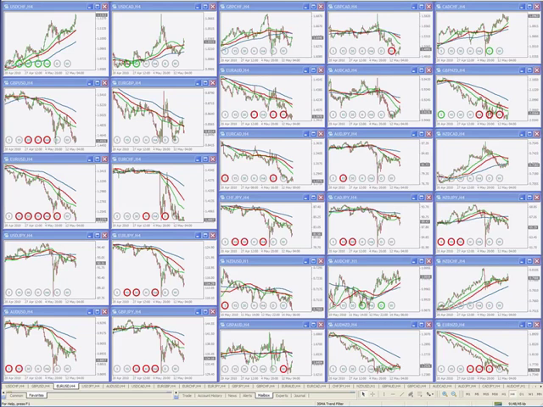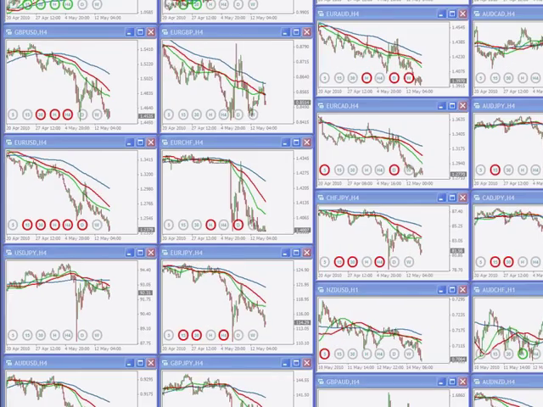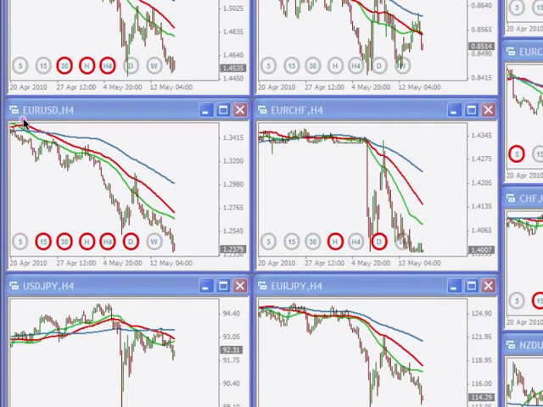Now, there are two things that you need to keep in mind, that you need to take into consideration. First of all, the indicator is just that. It's just an indicator, okay, a little piece of software. The point of an indicator is to make your life as a trader easier. It's not there to replace yourself as a trader, okay? Now, what I'm trying to say here is that just because the indicator is calling a trend, in this case, for example, in the case of the euro against the American dollar, a downtrend, you should still visually confirm the signal called by the indicator.